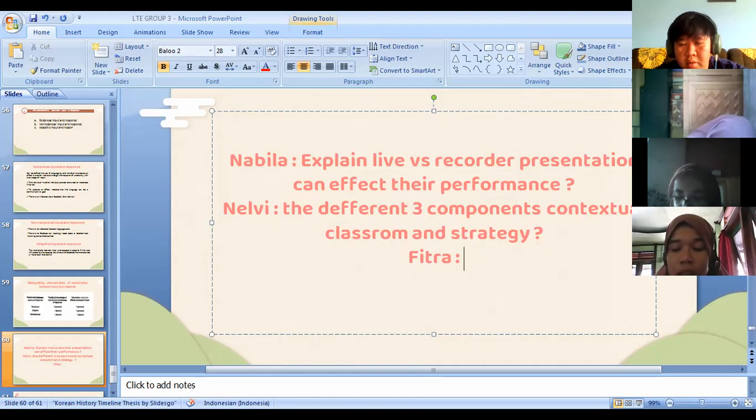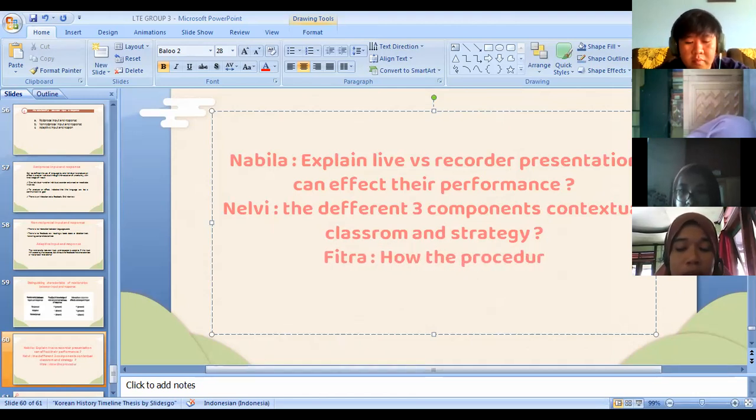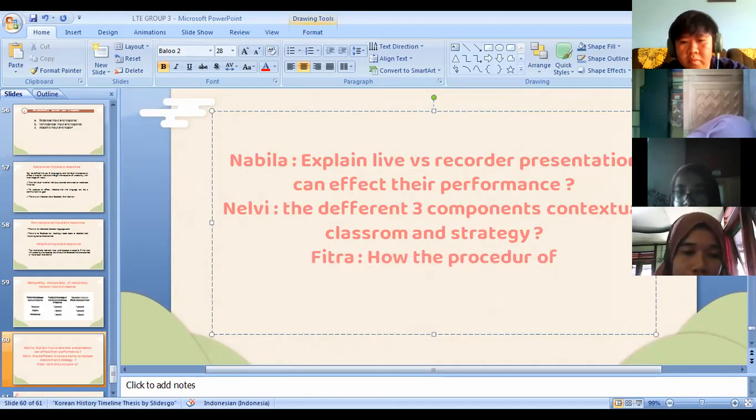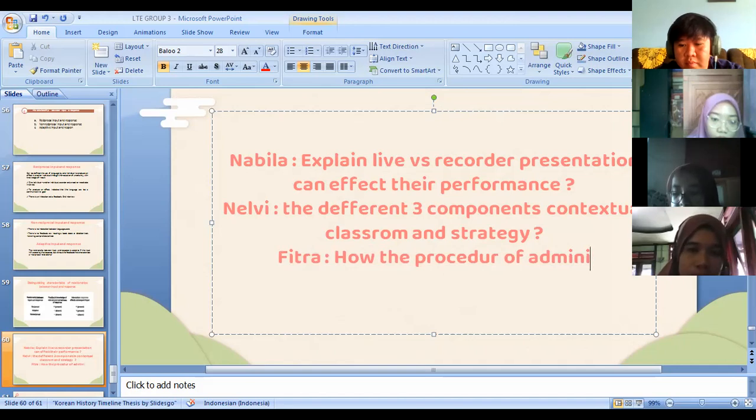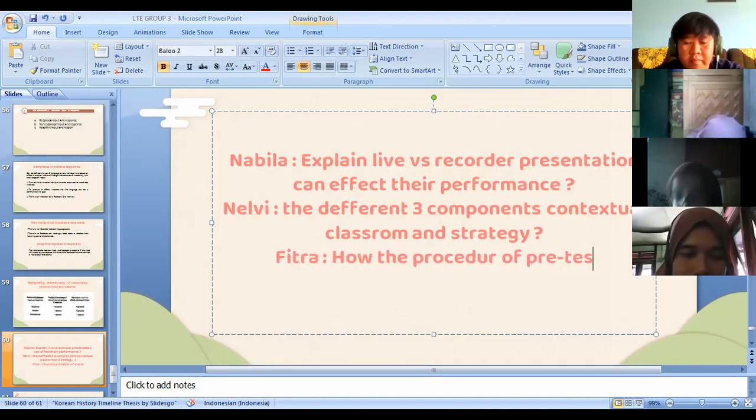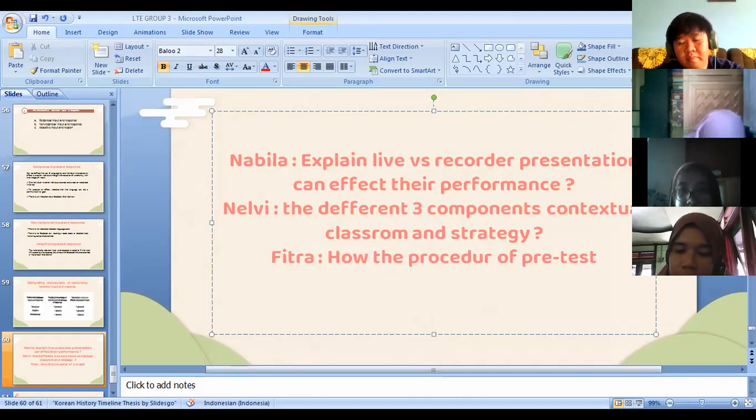How is the procedure for this? Should we administer the same test, the same questions, when the students can answer the test well? Okay, thank you, Kak Fitra. Your question is about the procedure for administering the pre-test. Is it right? Yes. Okay, thank you, Kak Fitra.